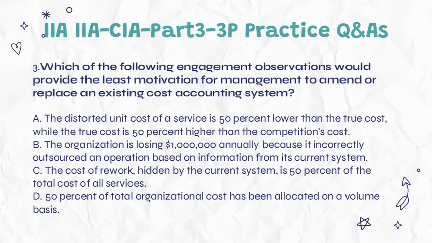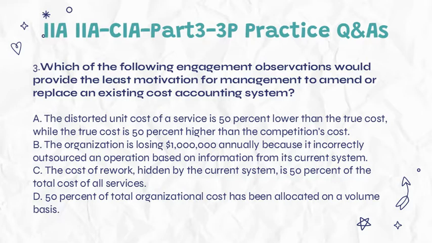3. Which of the following engagement observations would provide the least motivation for management to amend or replace an existing cost accounting system? A. The distorted unit cost of a service is 50% lower than the true cost, while the true cost is 50% higher than the competition's cost.